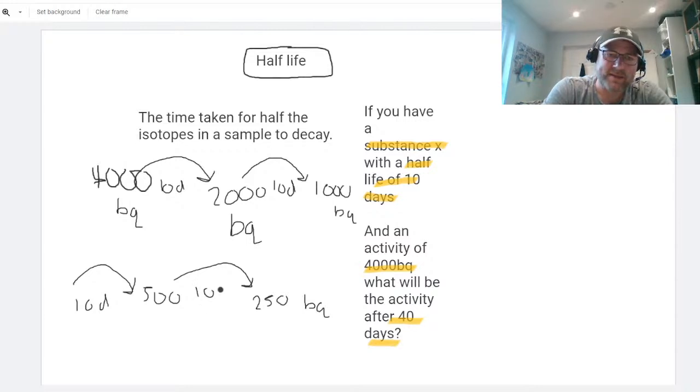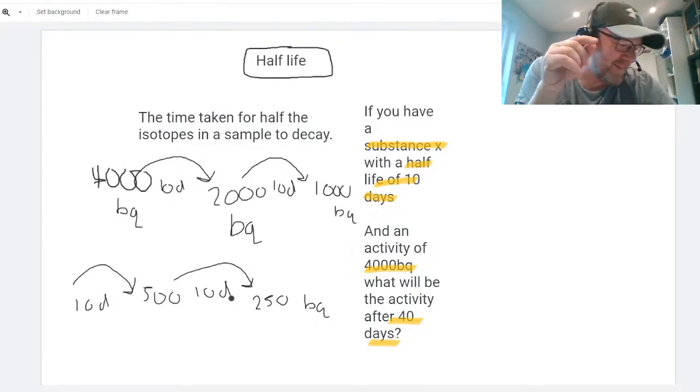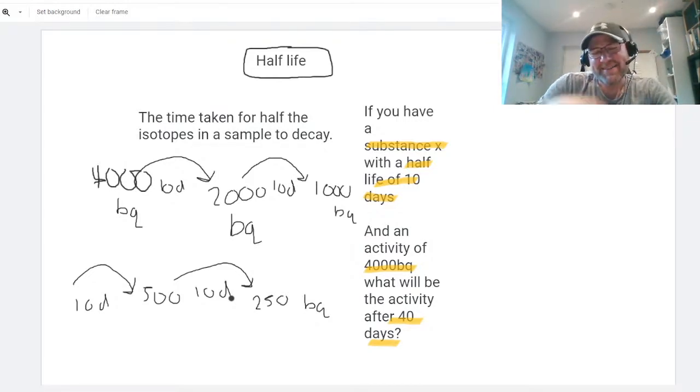you might think this is seriously long writing this out. There's a reason why I do the long version and draw this out like this. It's because if you do it in your head and you go, right, it takes 10 days and 40 days, that's 4 half-lives. So you might go 4,000, 2,000, 1,500.